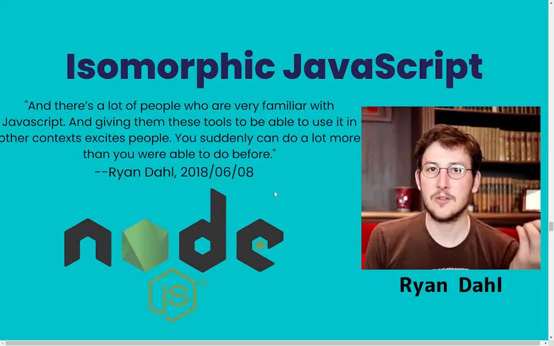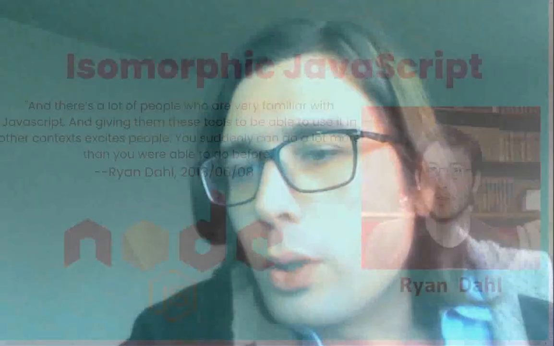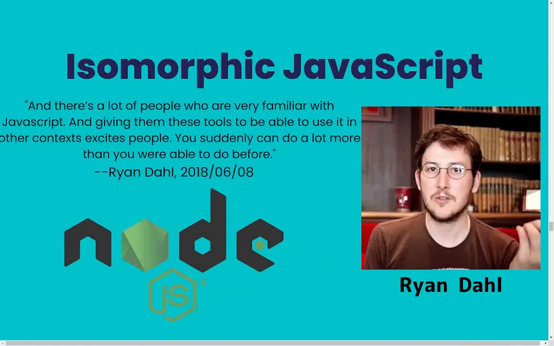You got isomorphic JavaScript. And oh man, that's a silly term, but people still use it to this day. The whole idea is it's just code that works in Node that also works in the browser. That's the whole idea. It's isomorphic, one shape, you write the same code.